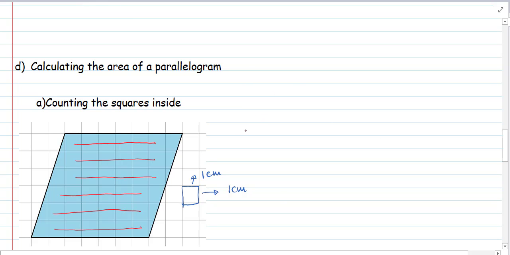Now, the number of completed squares: how many? 6 in a row, and there are 6 rows. There are 36 small squares, right?